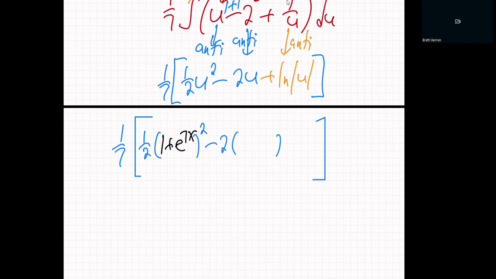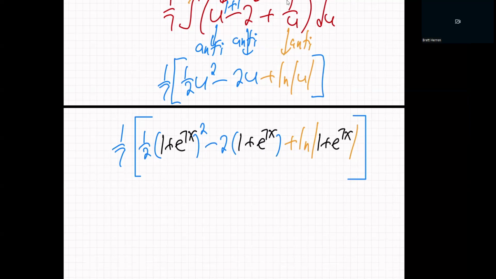Minus 2 times u, which is again 1 plus e to the 7x. Plus natural log of absolute value of 1 plus e to the 7x. There it is.